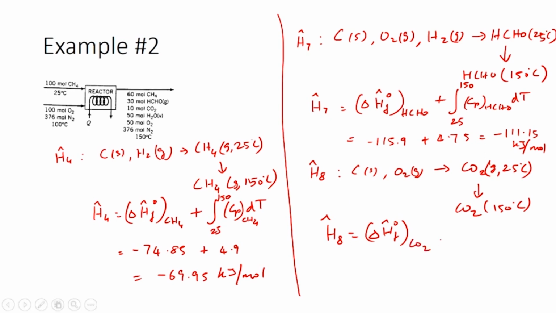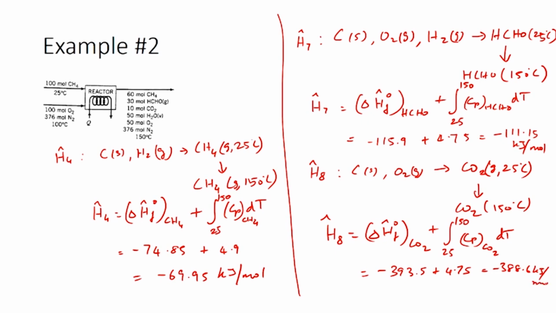So, you use the standard heat of formation of carbon dioxide and add it with integral 25 to 150 Cp of carbon dioxide dt, and substituting the value for heat of formation and the Cp value for carbon dioxide, you would be able to calculate H8 cap as minus 393.5 plus 4.75, which would be equal to minus 388.6 kilojoules per mole.